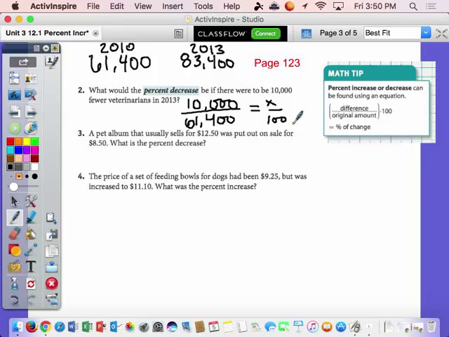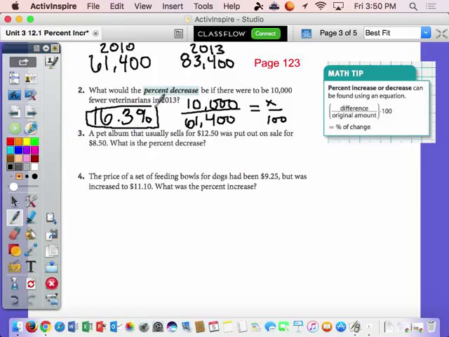Solve it like we have been doing. So that is about 16, and how many tenths percent if you round it? 0.3%.